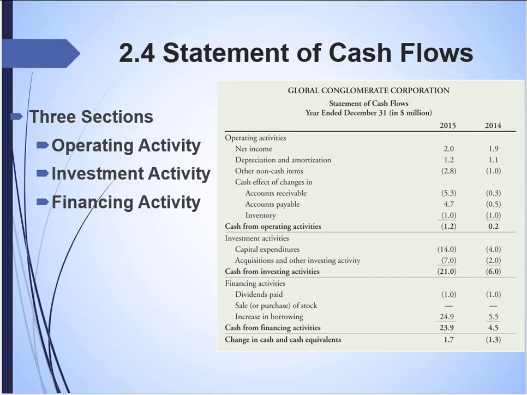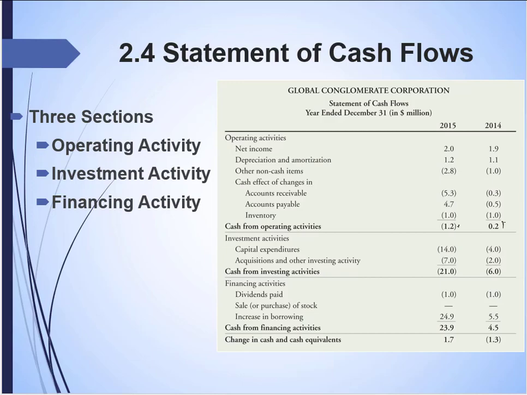The next statement is the statement of cash flows. And quite simply, it helps to describe three basic decisions that management makes. Operations. How well does the company operate? If you see here, cash flow from operating activities, in 2015 that number was negative.